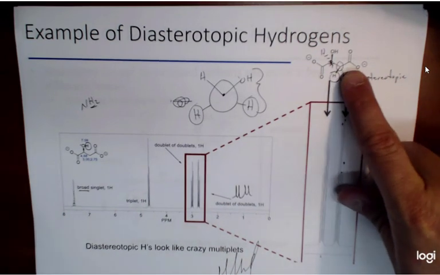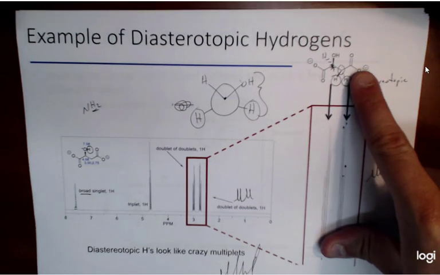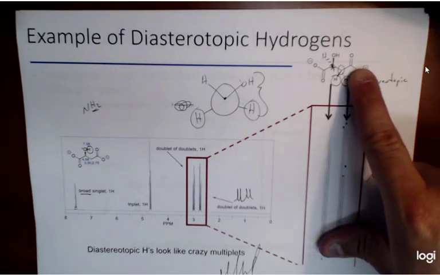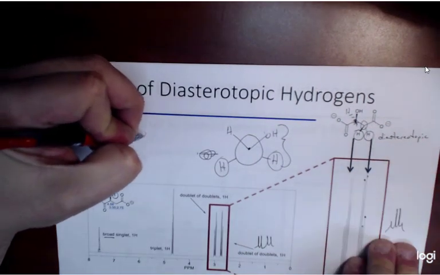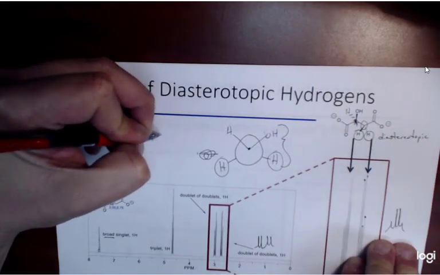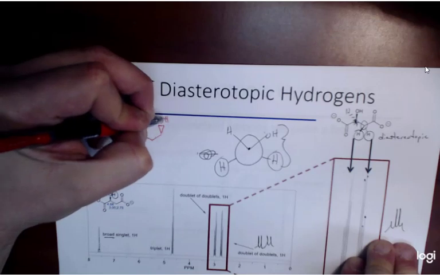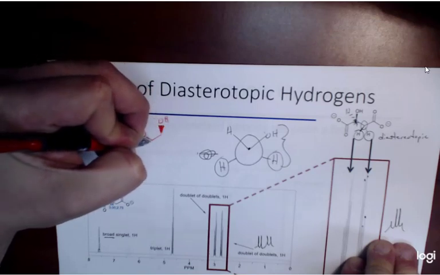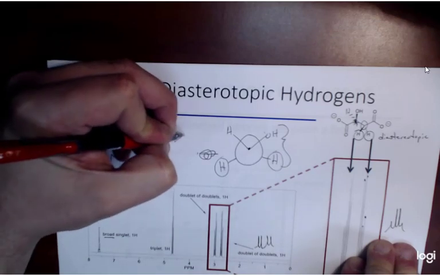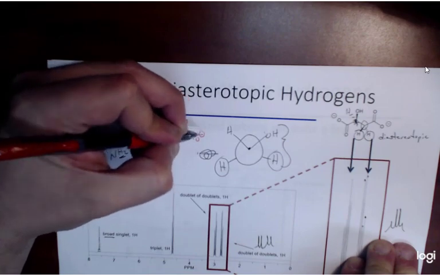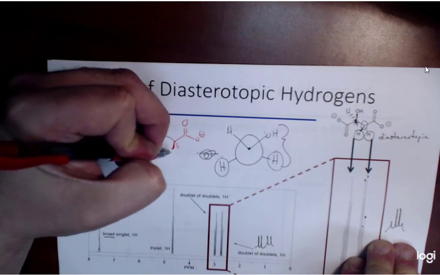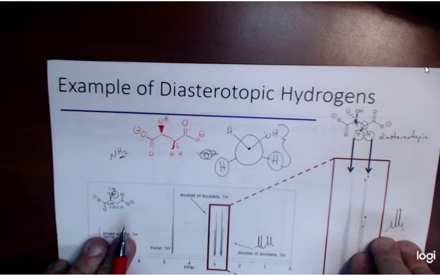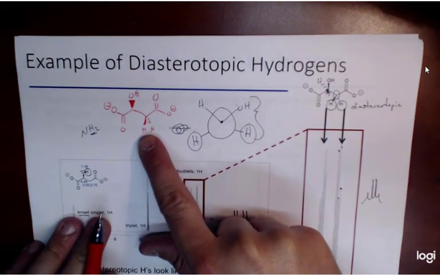So specifically, when we look at this structure right here, I'm going to go ahead and redraw it for clarity because I have kind of butchered the structure a little bit inadvertently. All right, so going back and remembering, in this scenario, the two hydrogens here are diastereotopic.